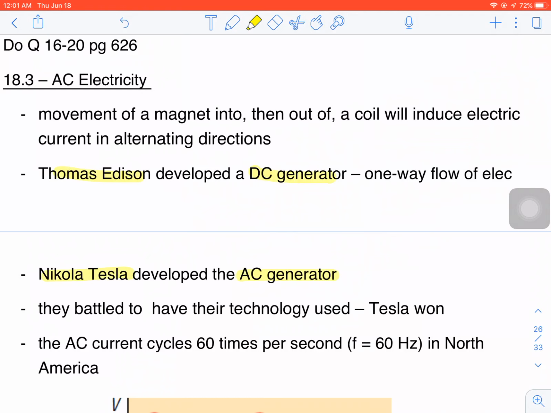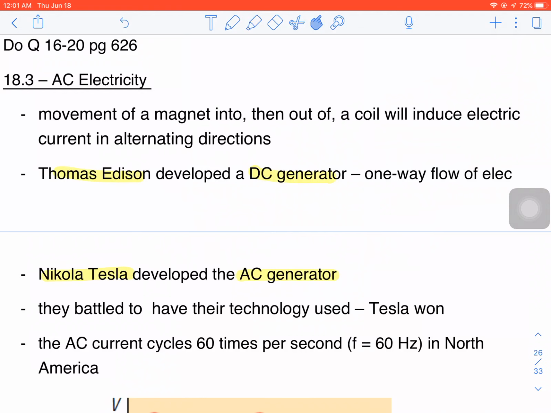Nikola Tesla was the newcomer on the scene, and at the end of the day, as you'll see in about 10 minutes or so, Nikola Tesla won, which is why we have alternating currents in the plugs of our homes and not direct current. Edison's DC generator had a commutator, similar to what we had in a DC motor, and ultimately what that allowed was the one-way flow of electricity.